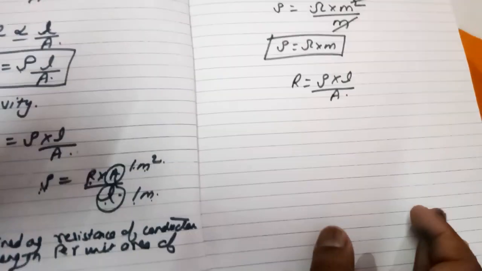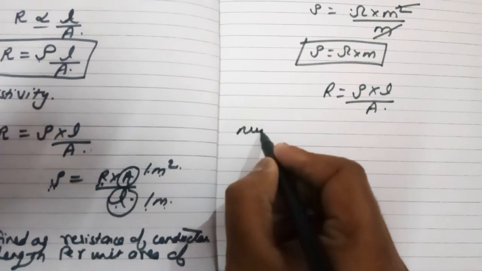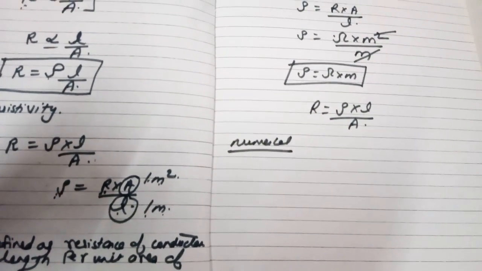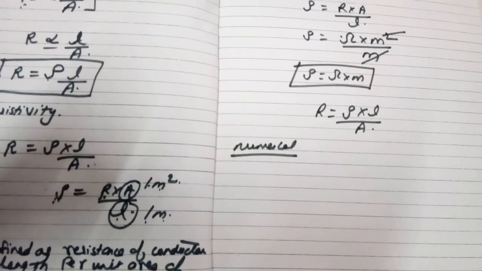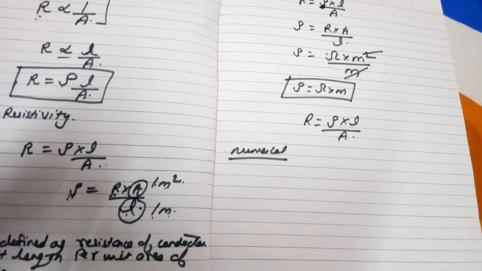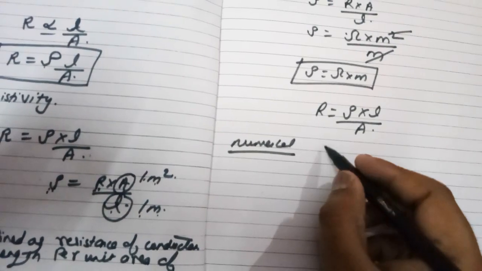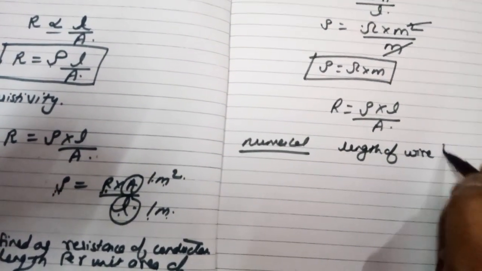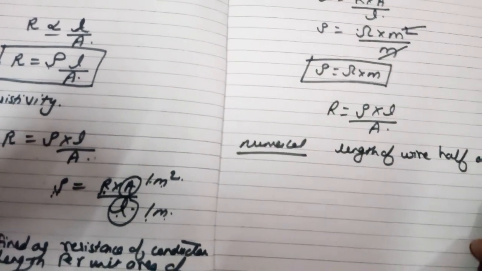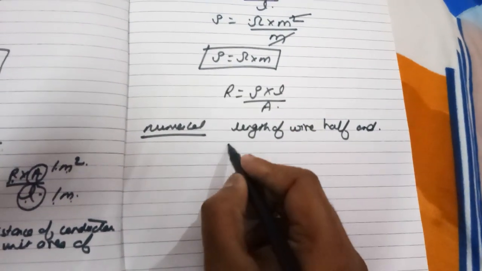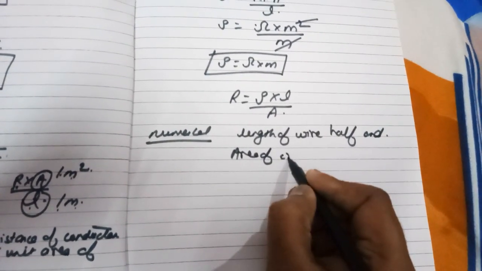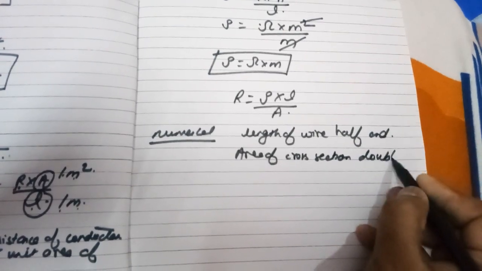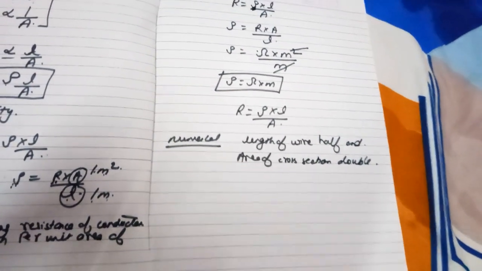Now one numerical is that when the length of wire is halved and area of cross section is doubled, then what is the change in resistance?